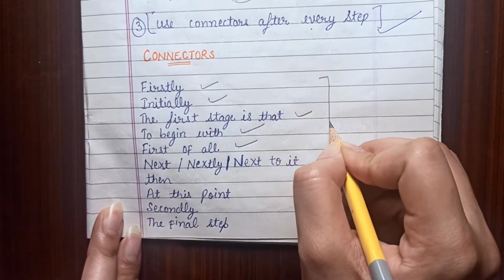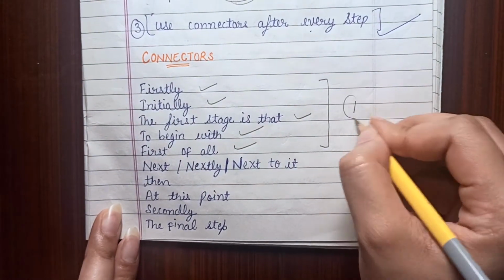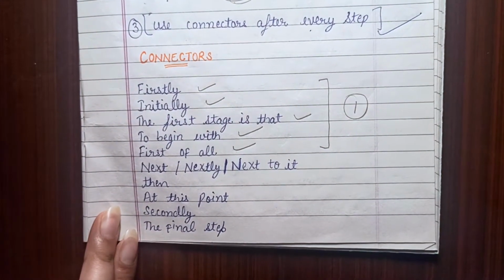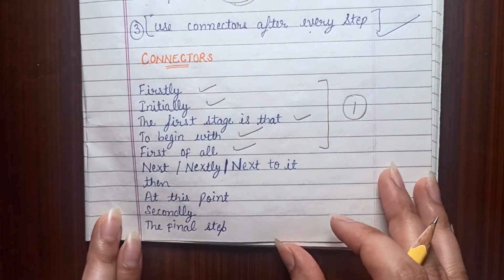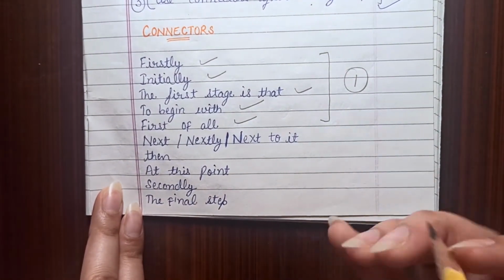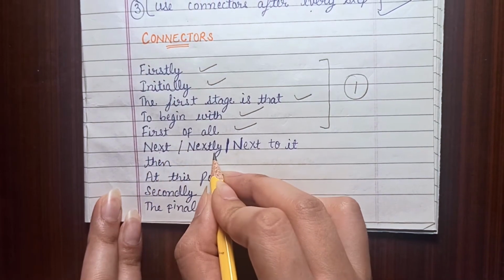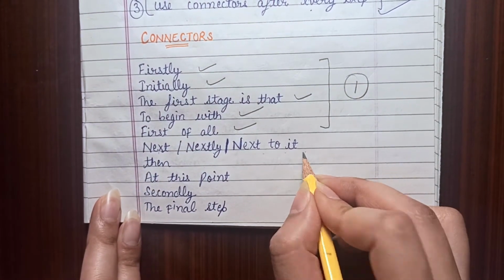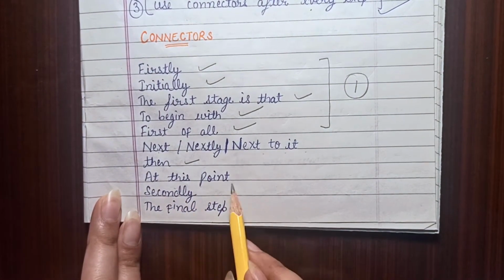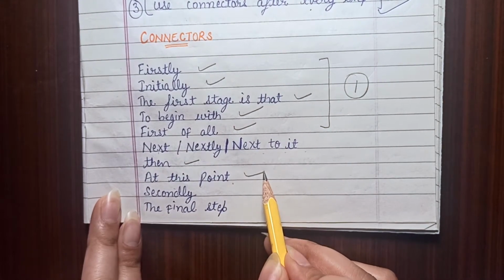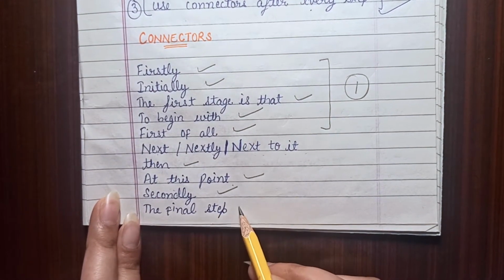These are the connectors you can use to describe your first stage. Moving to the next, what you can use is next, next to it, then, after this, secondly, right?